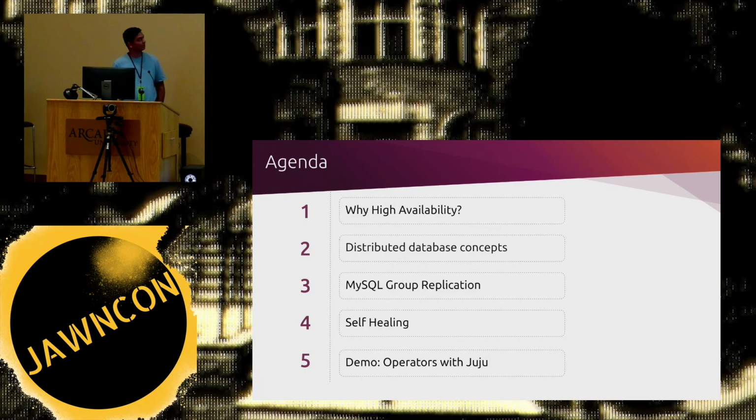Then I'll talk about self-healing, basically how group replication or any database system self-heals from certain failure scenarios. And then I'll be doing a demo of some of the work that we've been doing, especially with something called operators and a technology called Juju.